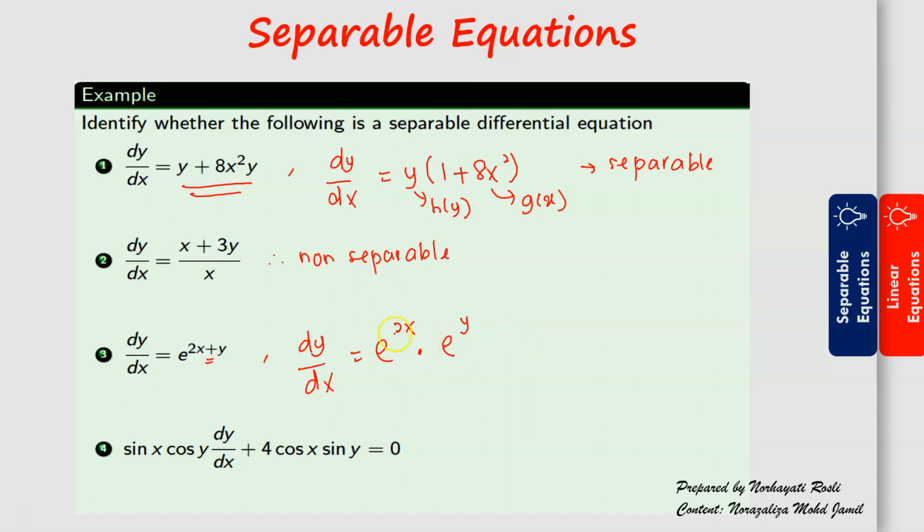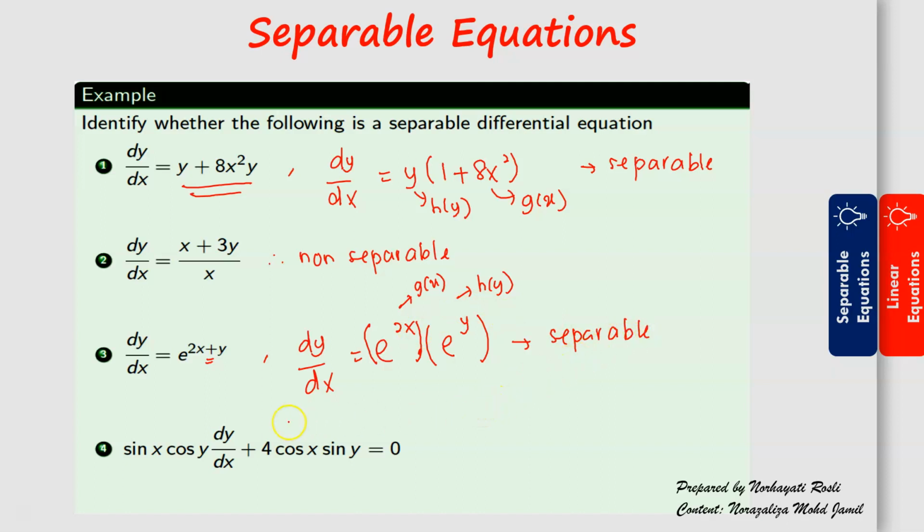So in this case, this is my independent variable function and this is my dependent variable function, so that this one is g(x) times h(y). We can write it in terms of the equation given by the definition of a separable equation, which means that this one is separable.